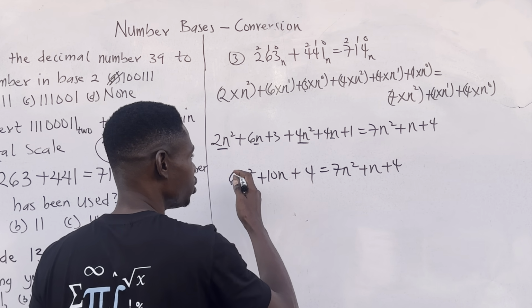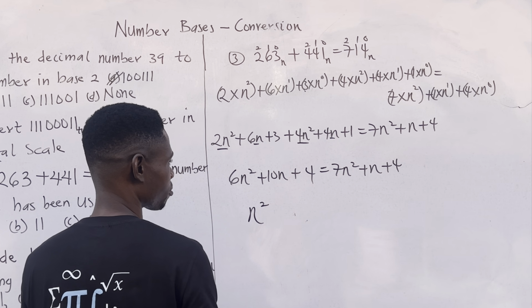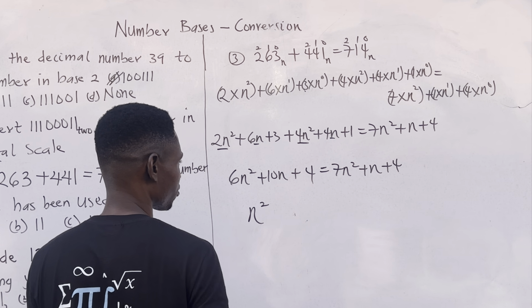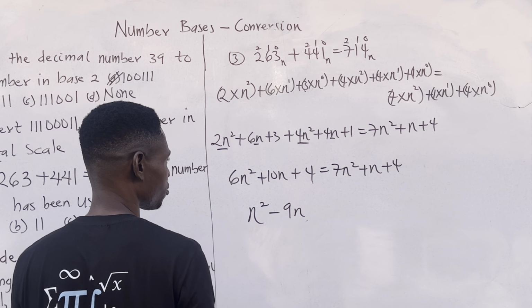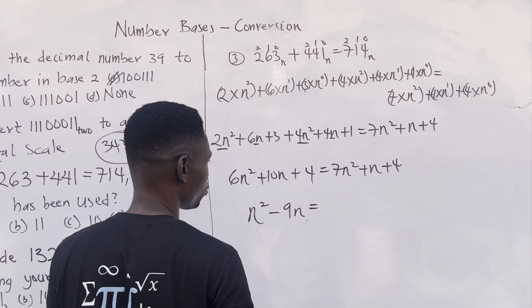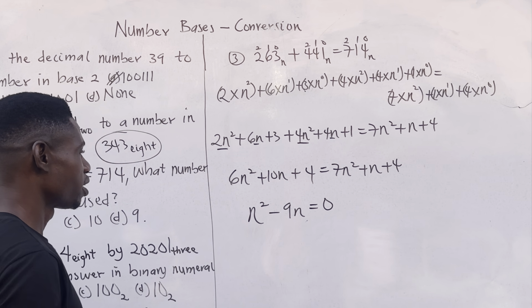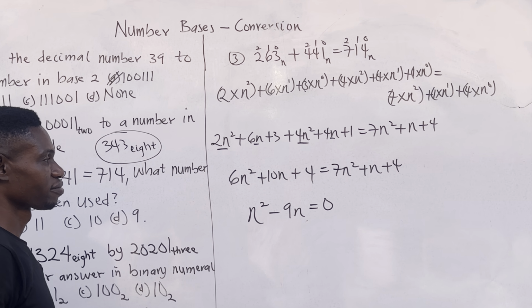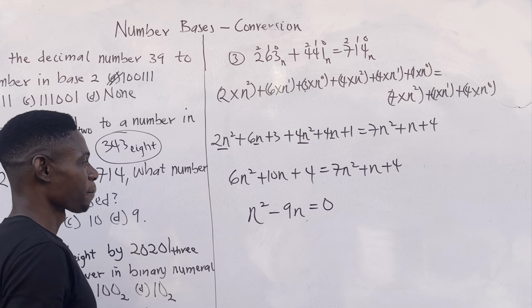So if we rearrange this, it will give us n squared minus 9n equal to 0. Now look at it very well and picture what I did.